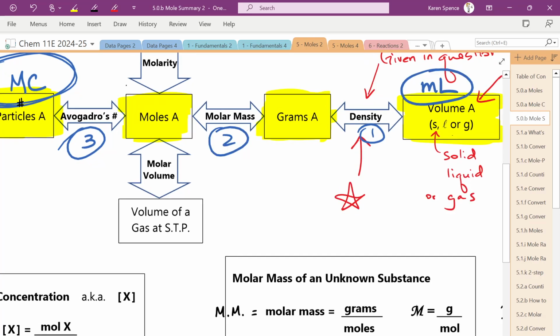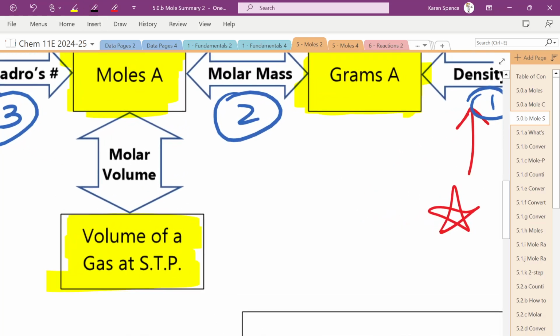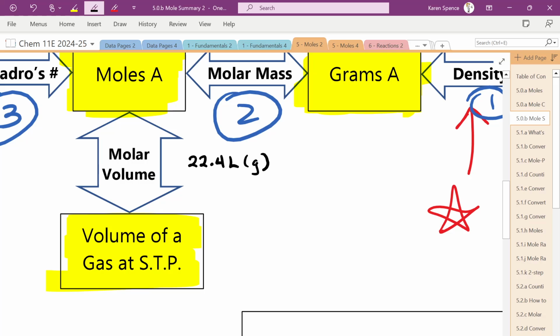But if we have a gas at STP, at standard temperature and pressure, we are going to use the molar volume. And what is the molar volume? 22.4 liters of gas per mole.